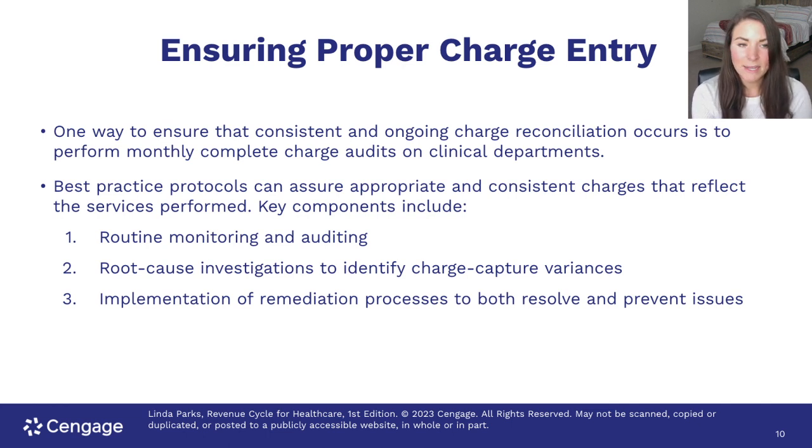Number 2, root cause investigations to identify charge capture variances. So when you find a problem, you need to dig into it and see what caused this problem so that you can then do number 3, implement remediation processes to both resolve and prevent issues. What do we need to change so that this problem doesn't happen again? Okay.